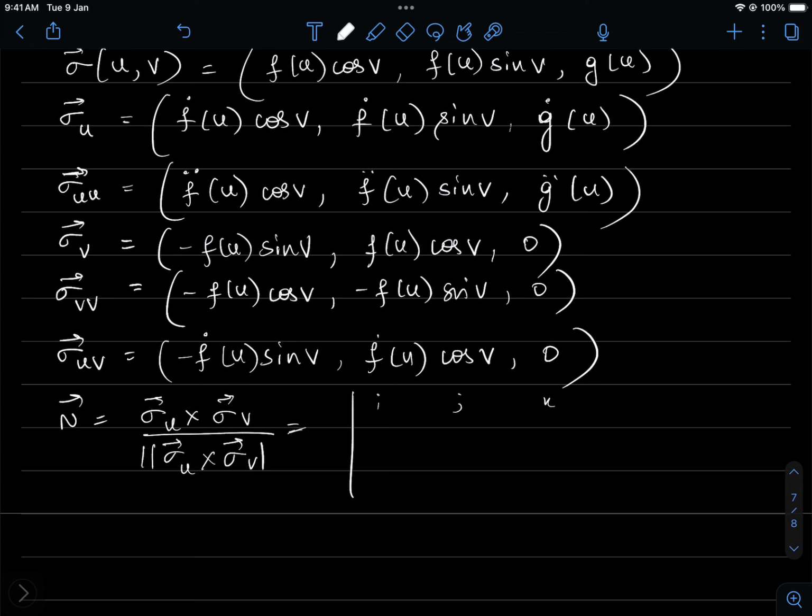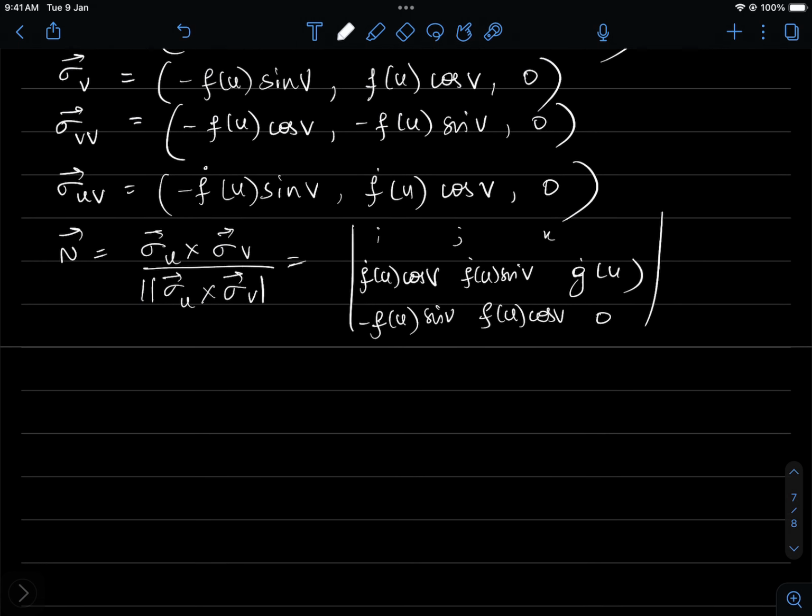Sigma u is f dot u cos v, f dot u sin v, g dot u. And sigma v is minus f of u sin v, f of u cos v, 0. We are not dividing by the magnitude now, so we are just finding the quantity sigma u cross sigma v.